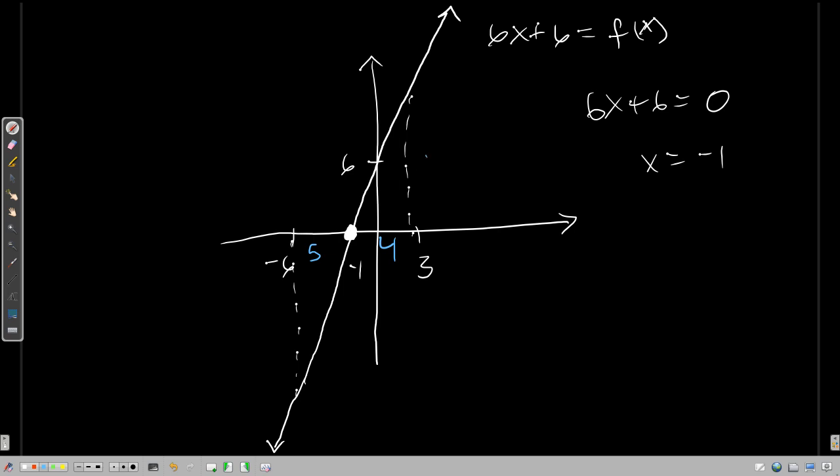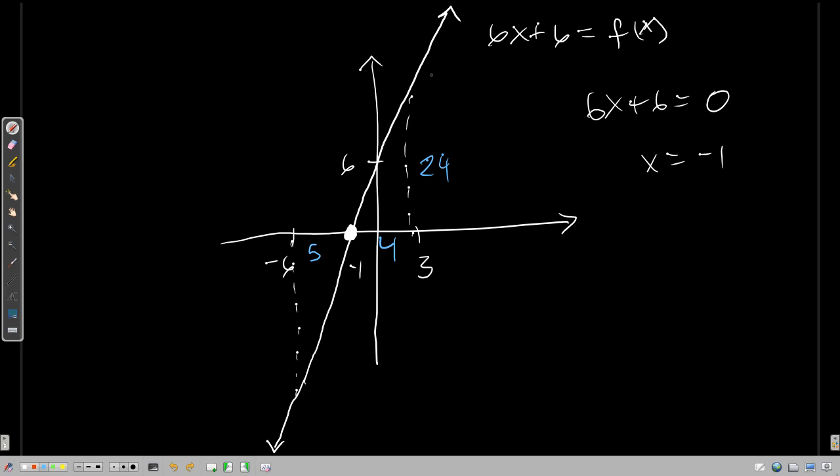The height of this triangle is f of 3. How high up did it go at 3? It went up to 18 plus 6, so it has a height of 24. How far down did it go at minus 6?